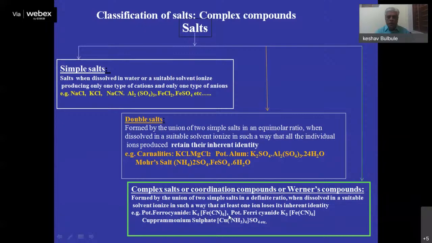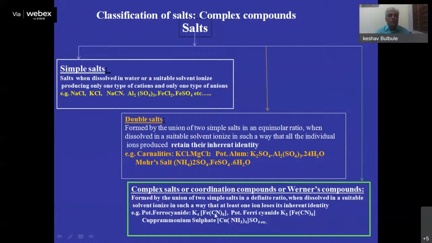When such a salt is dissolved in water, you get a positive test only for K plus ions, but not for ferrous ion, not for cyanide ion, right? If somebody consumes potassium cyanide, he or she will be no more within seconds, but that is not to be tested. But still, I'm telling you, if somebody consumes potassium ferrocyanide, he or she is not going to die because the cyanide is enclosed in the complex sphere.